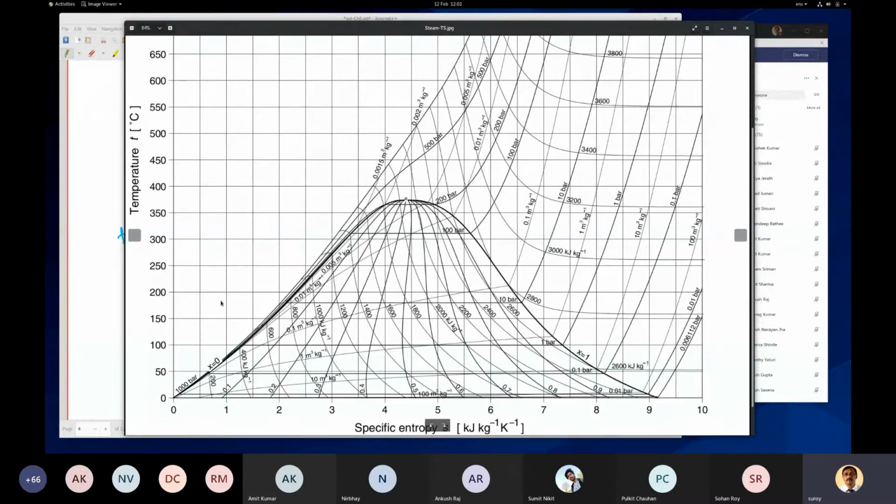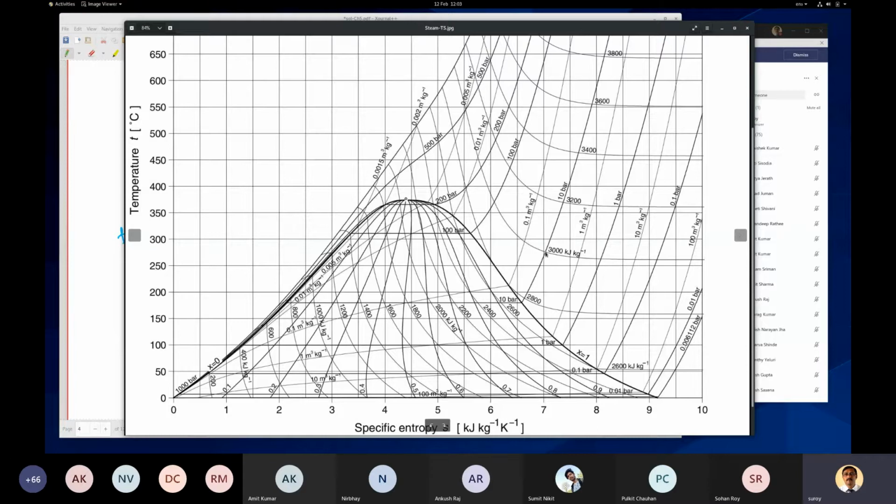But here what you do is, once you know the temperature, you find out the property and then assume that it is valid along that line, as long as you have the same temperature, you have the same property. That's not precisely true. I've shown you that it changes with pressure, but you can assume that. But when it is steam, it is unique.